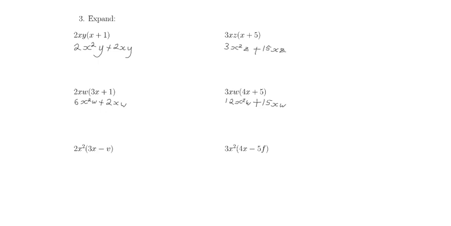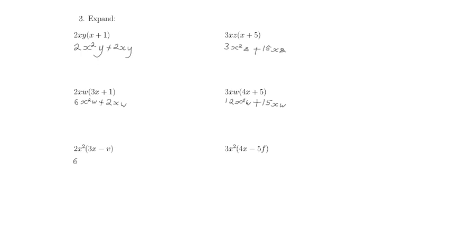Last two questions. 2x squared multiplied by 3x subtract v. 2x squared multiplied by 3x. So we have to multiply these numbers together, which makes 6. And then we have to multiply x squared and x together.